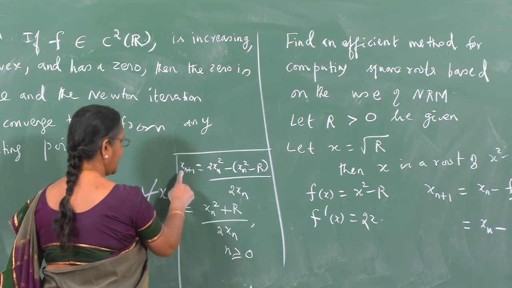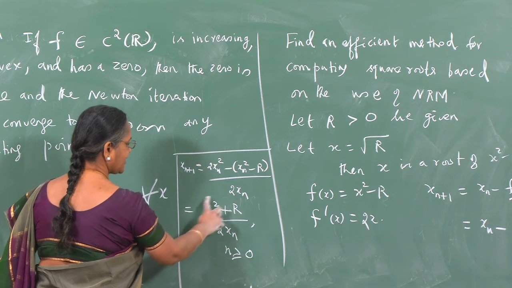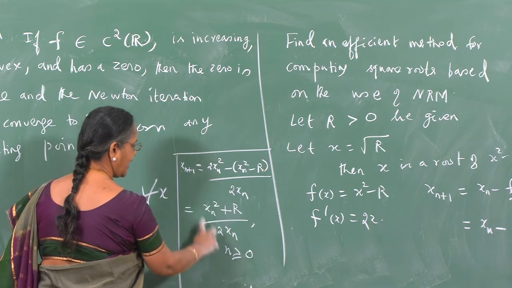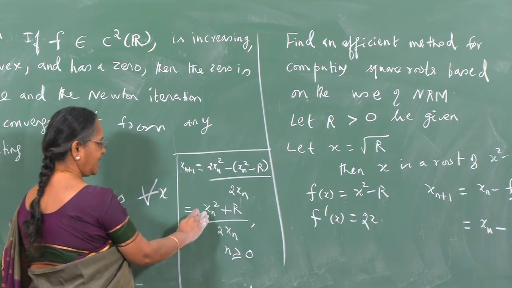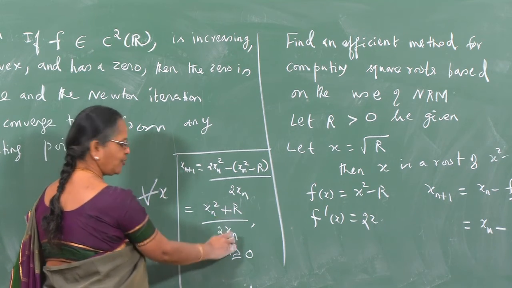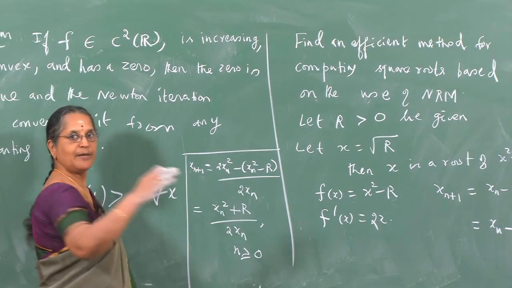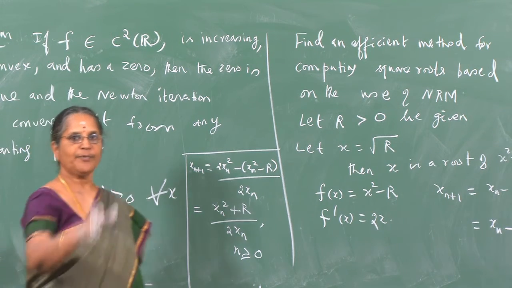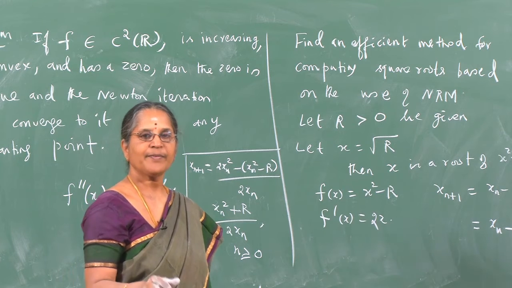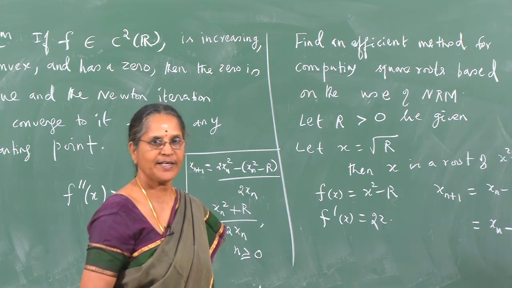Then you can generate x 1 by substituting x naught on the right hand side, so x 1 is given by (x naught square plus r) by 2 x naught. Find x 1 and then use this again to compute x 2, and so on. Stop your iterations when the stopping criterion specified in the problem is satisfied.